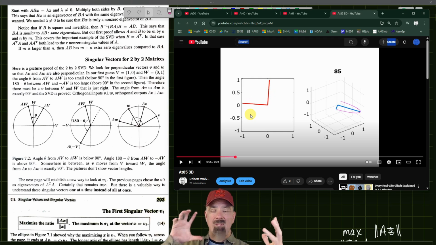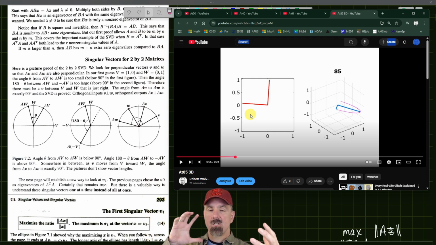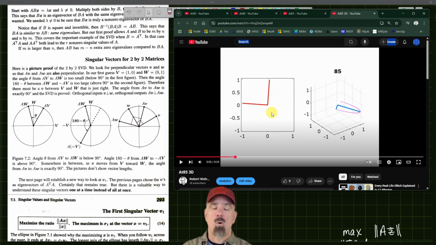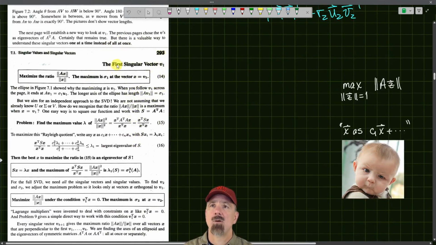So we have 999 ways to rotate those 1,000 vectors. And this is what we do. We rotate those looking for the place where we end up with orthogonal outputs. We can't do it all at the same time. We have to peel them off one at a time. And that's really what this conversation down here is about.